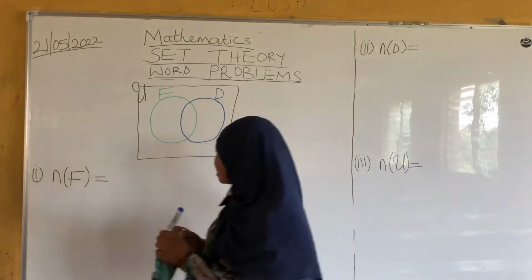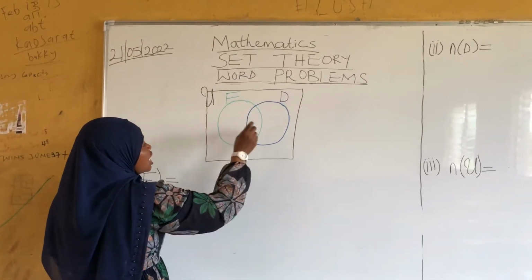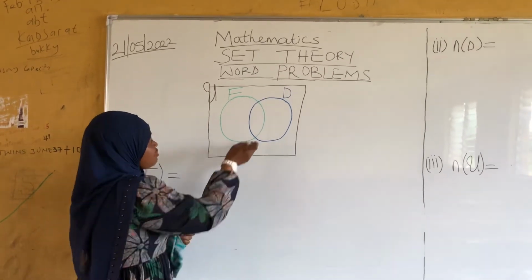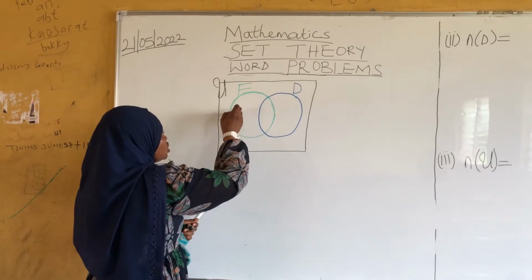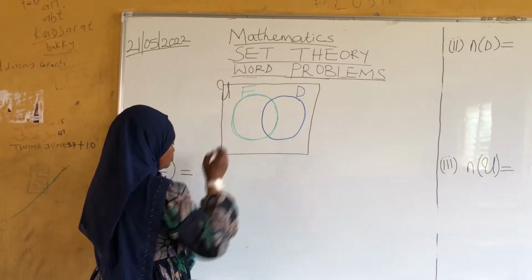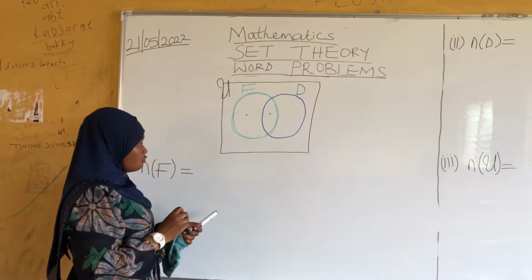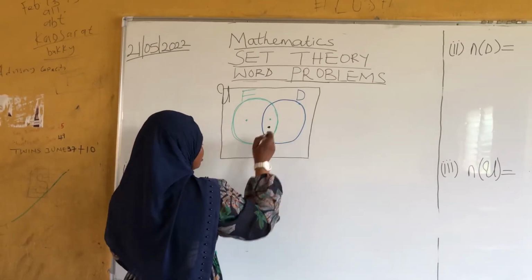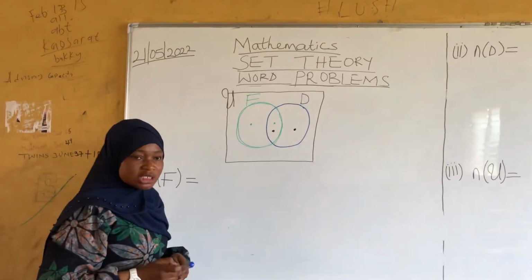I used a green pen for Fuji, and a blue pen for disco. Everything here will be for Fuji music. So this side plus this side will be for Fuji music, and this side plus this side will be for disco music.